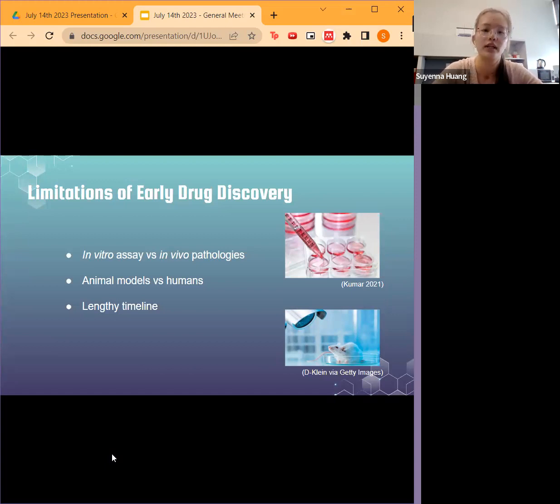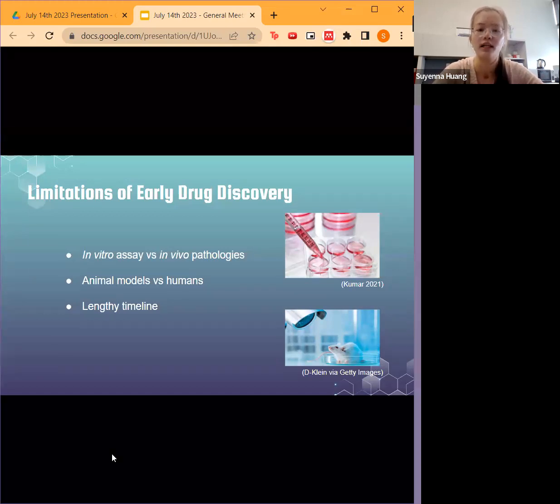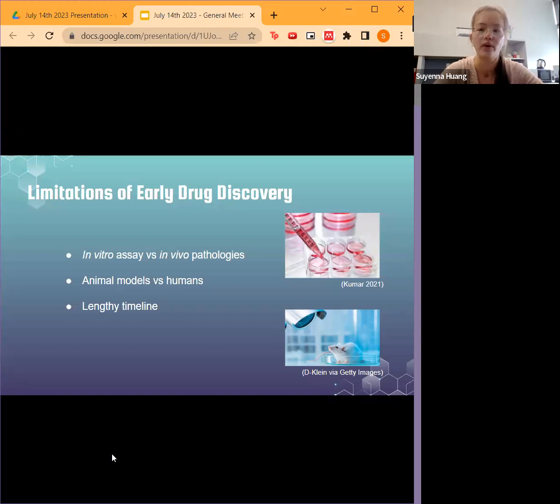So for example, if you do a cell-based assay to examine the effects of the compound on a particular cell line in a petri dish, well, the cells grown on the dish is not a good reflection of what the cells look like or how they'll be organized or how they respond to the drug in vivo.